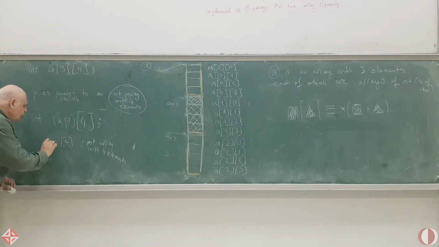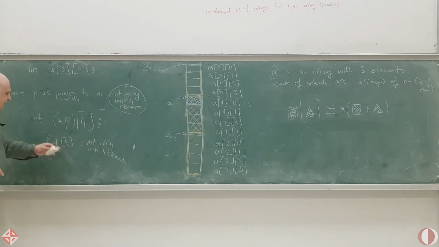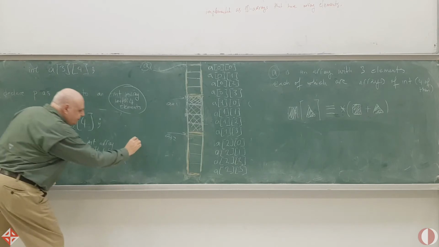Change this to float. You have a floating point array. Each element is floating point, and there are 4 such elements in the array. Now comes something striking. Change this to integer pointer, for example. Then each element contains an integer pointer, so something like this.